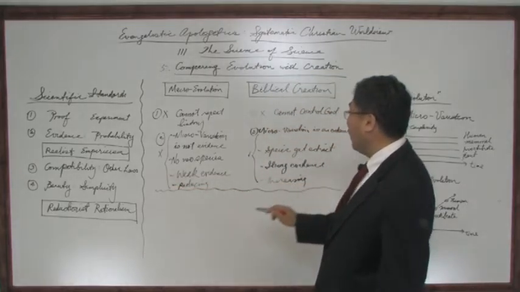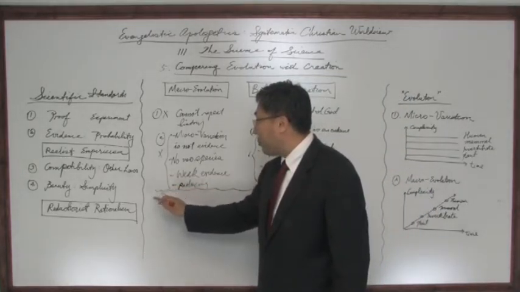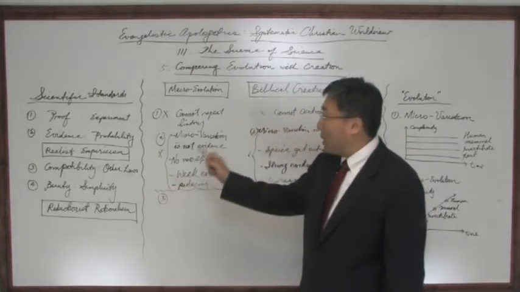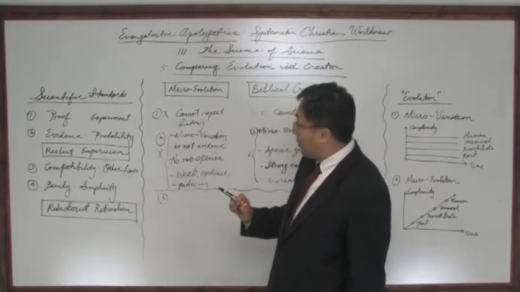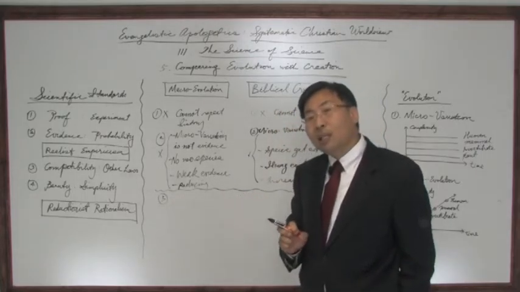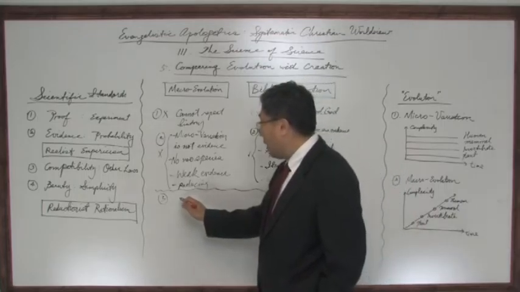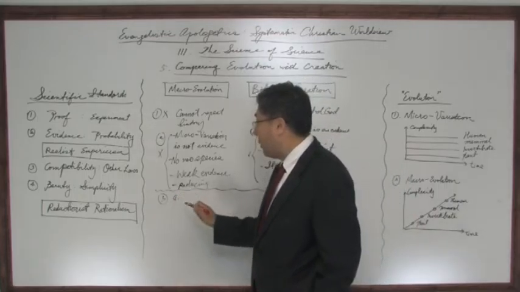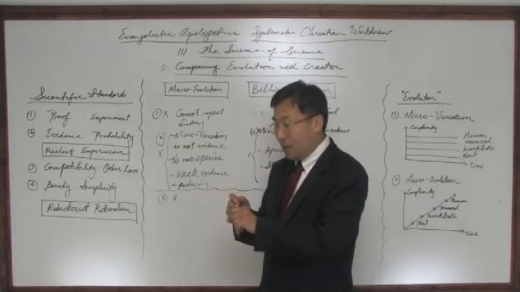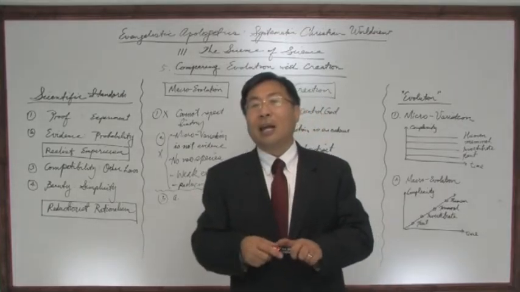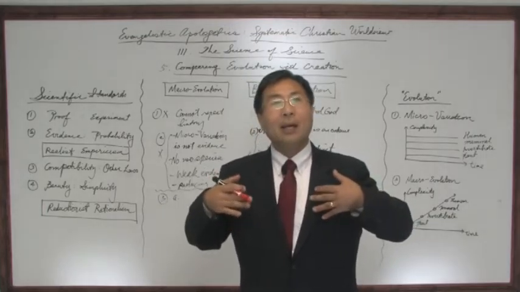And the third standard, first of all, is compatibility with other laws. In science, macroevolution in the beginning took the form of Lamarckian evolution. They believed that acquired characteristics can be inherited.